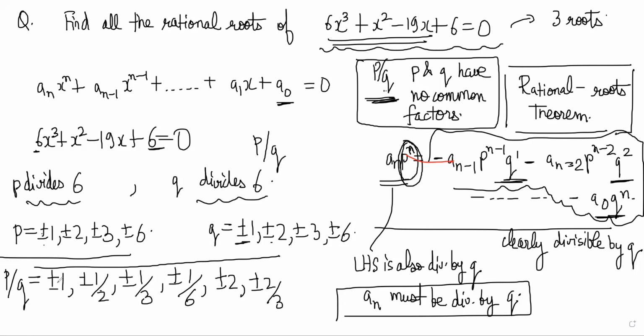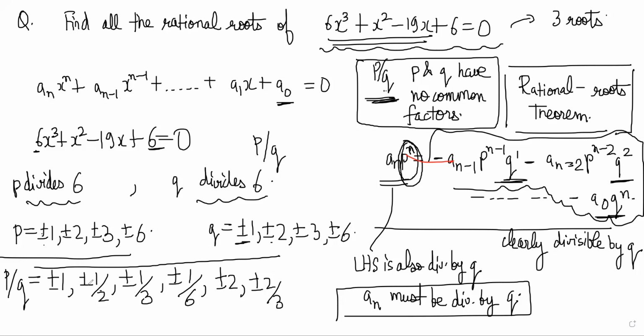So for example, if I check plus 1, you are getting 6 plus 1 plus... it is not a root, right? Similarly, minus 1 you can check. Is minus 1 coming? No. So minus 1 is also not coming.